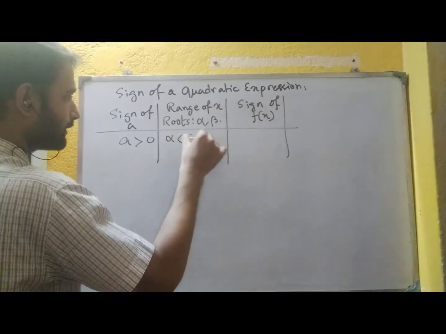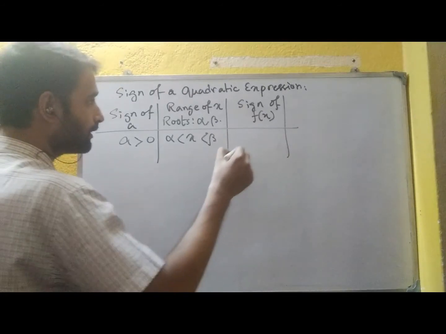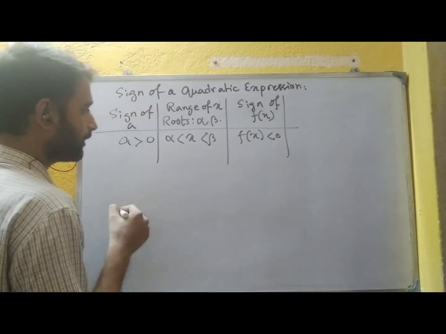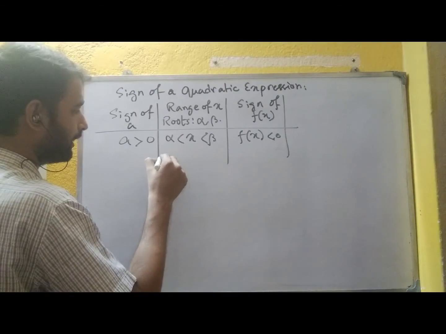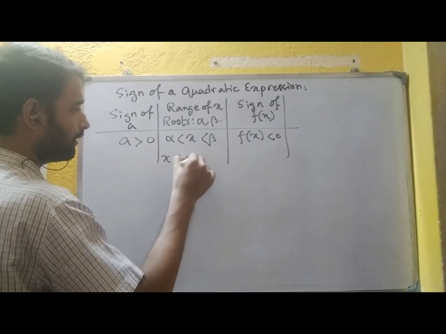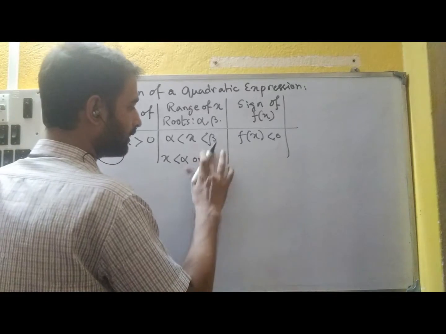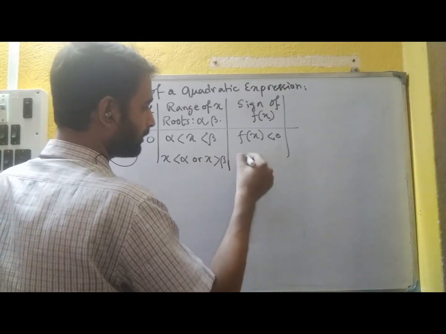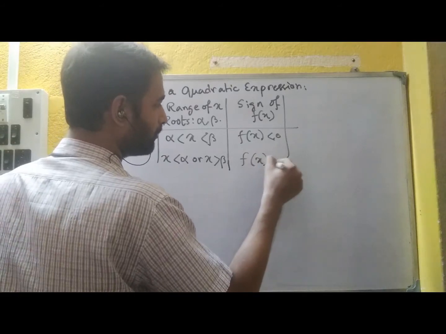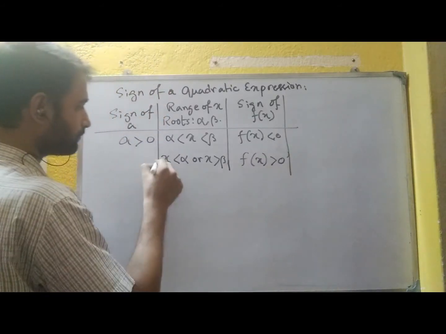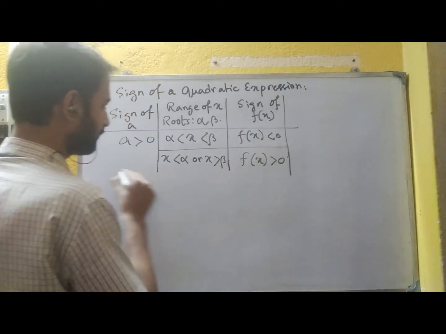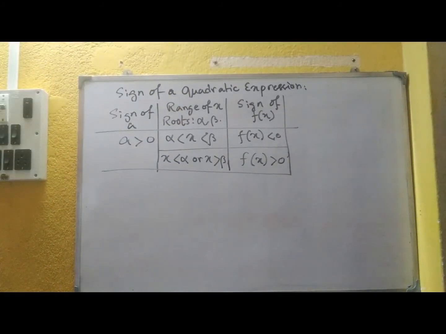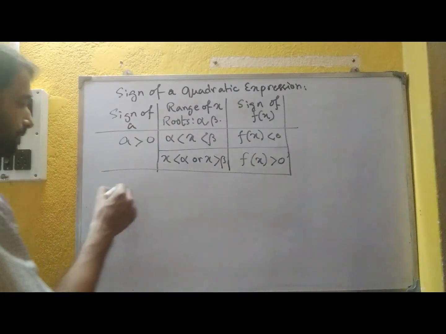So if alpha is less than x less than beta, then you will see the sign of f(x) is negative. If you are taking x in the left side of alpha, or you are taking x in the right side of beta, then you are getting f(x) to be positive. So these are the 2 cases with a greater than 0.